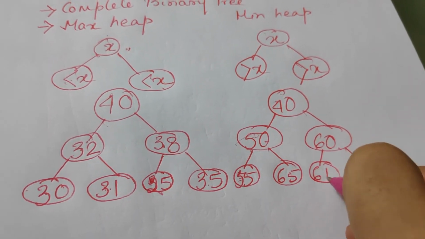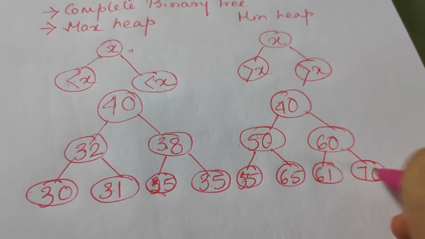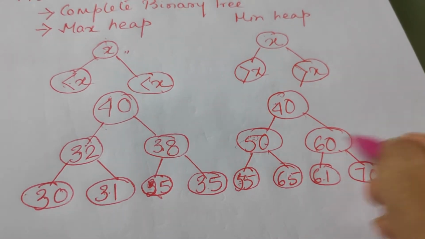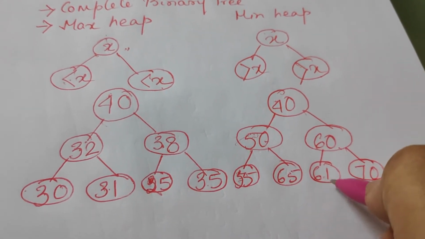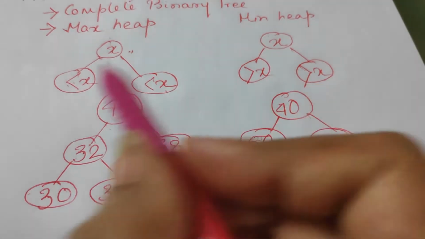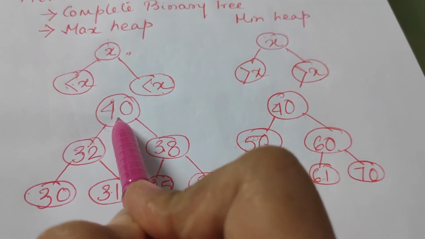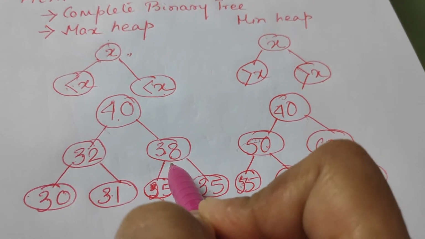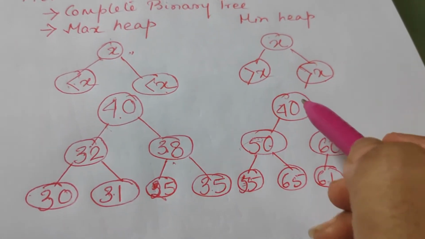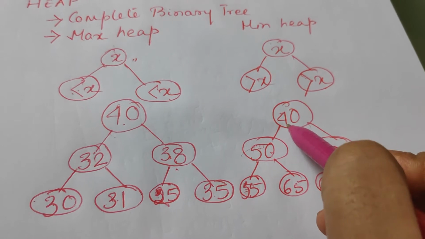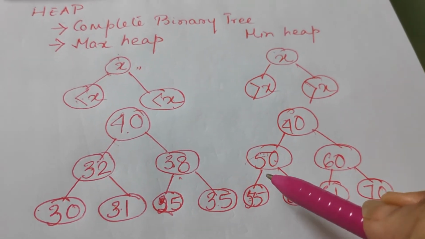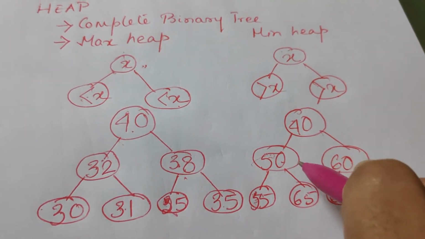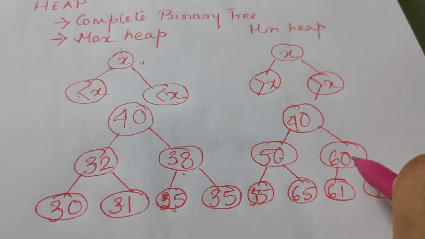So suppose 61 and 70. So 61, 70 both are greater than 60. So this is allowed. So in max heap the parent value should always be greater than the values borne by the children, and in min heap the value of the parent should always be less than the value of the child nodes.